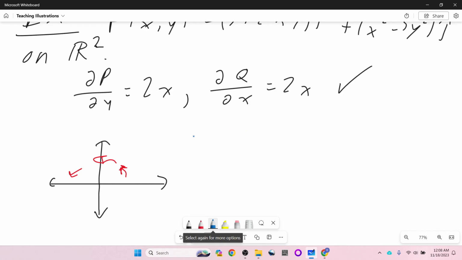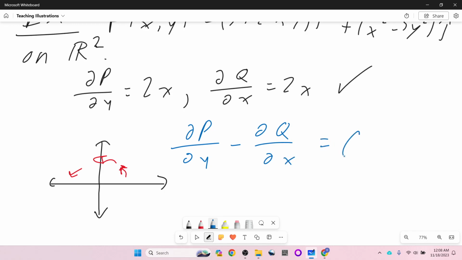Another way of saying this would be that del P del Y minus del Q over del X is 0 everywhere. We'll talk more about it after break. But this curl sort of represents how much rotation is going on. So if you're asking, is it path independent?